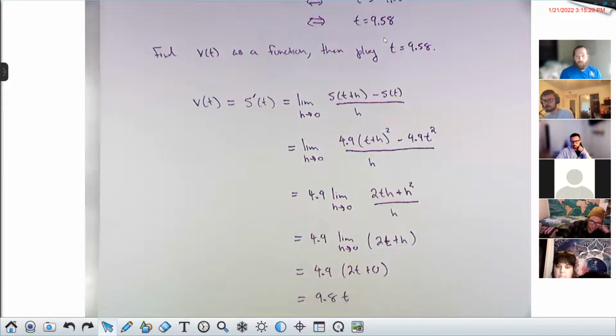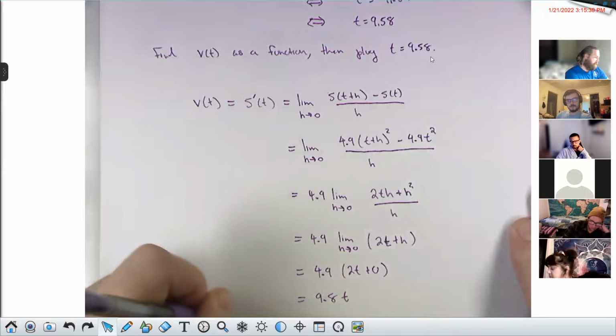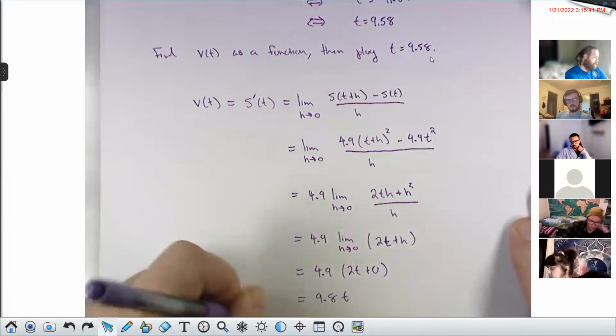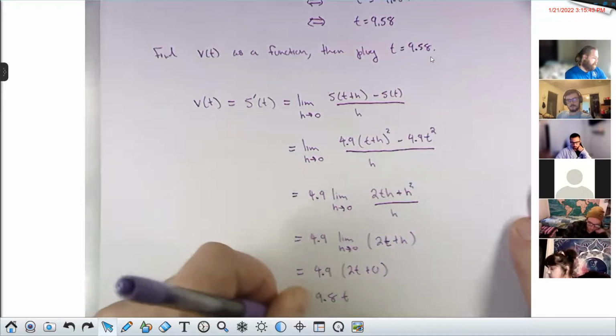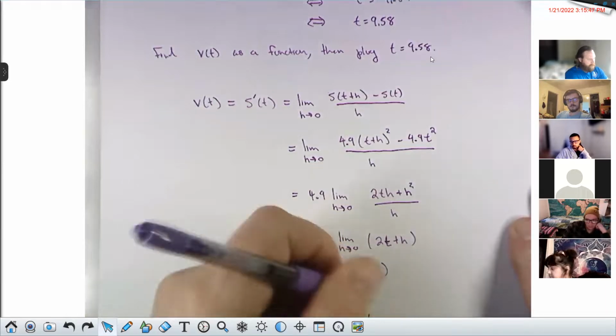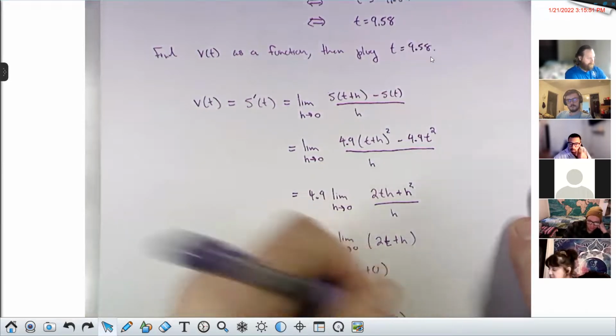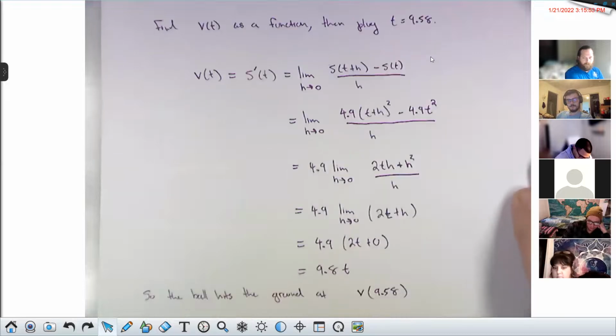And in particular, at the moment it hits the ground, which is 9.58 seconds later, it will be traveling at v of 9.58 meters per second.